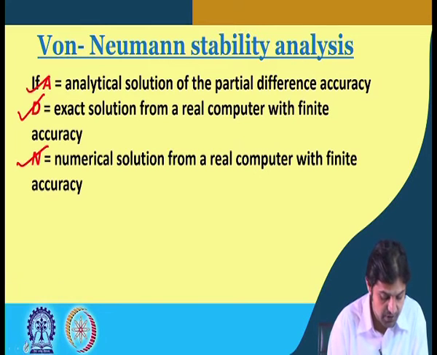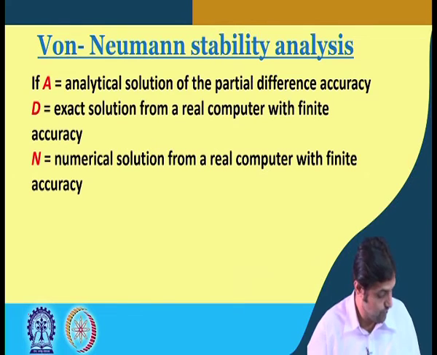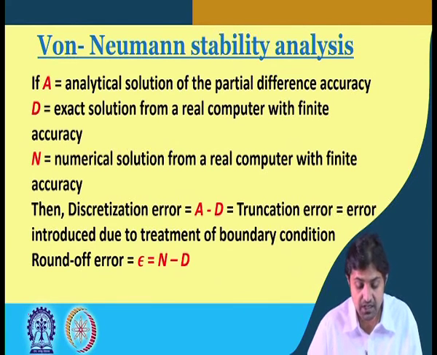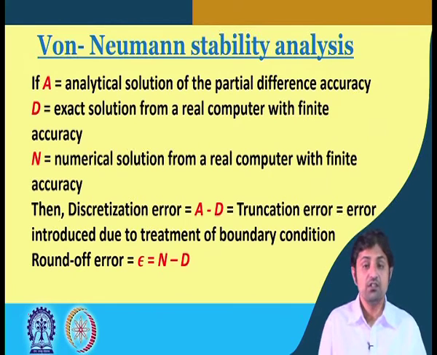If we use these three terms, then the discretization error is A minus D, which is the truncation error plus the error introduced due to treatment of boundary conditions, whereas the round off error epsilon is N minus D. Now you understand the round off error and the discretization error.